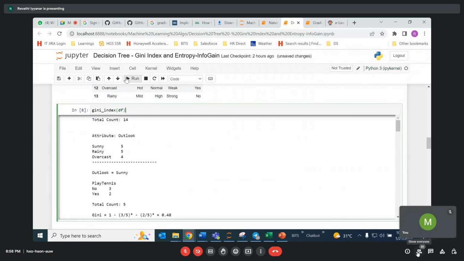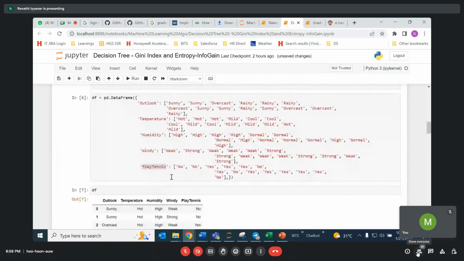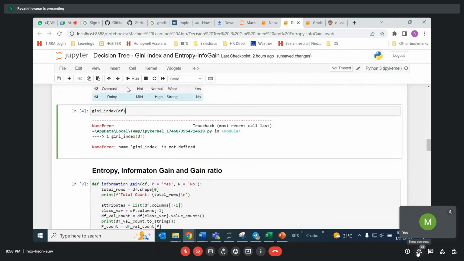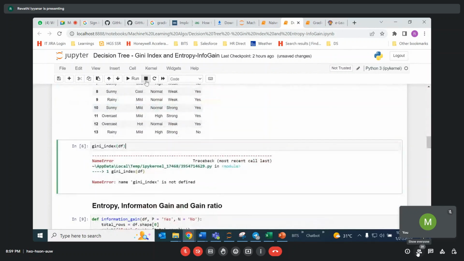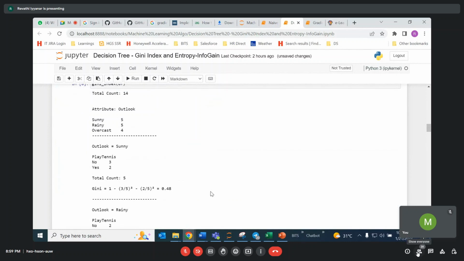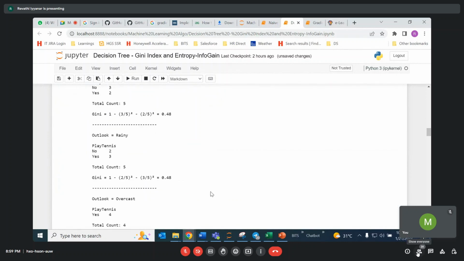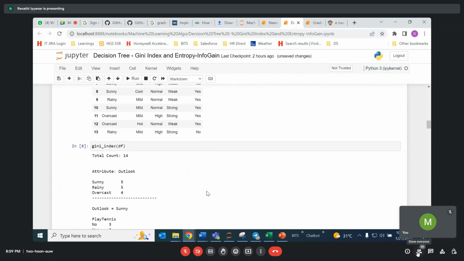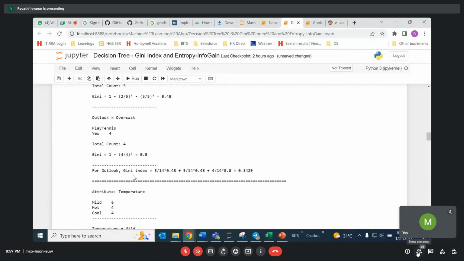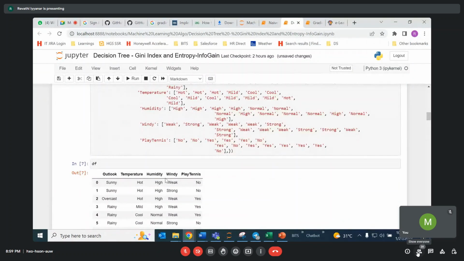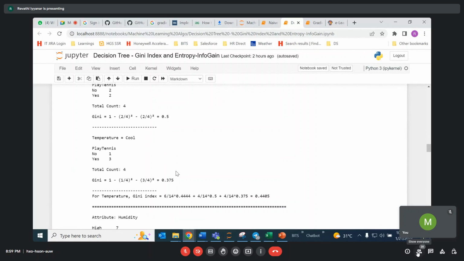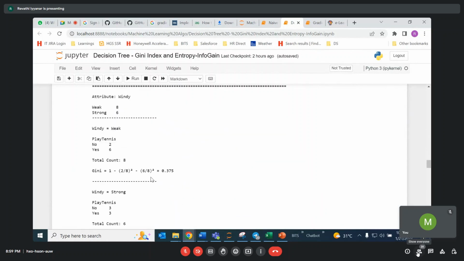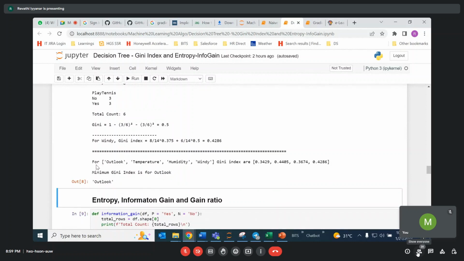We're finding the Gini index. He has found the Gini index for each of the features, x1, x2, and the minimum Gini index is for outlook.